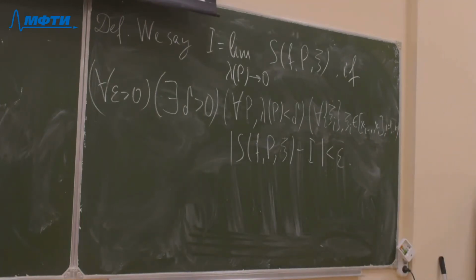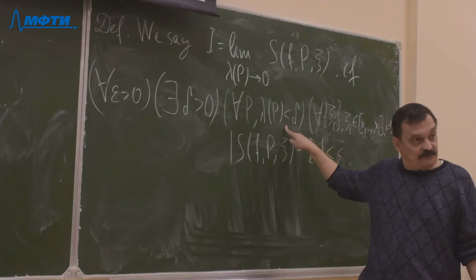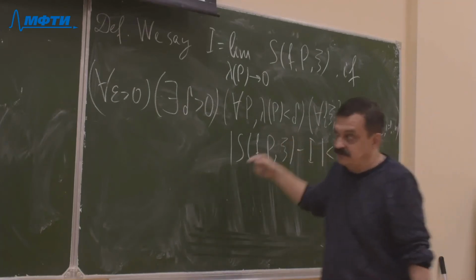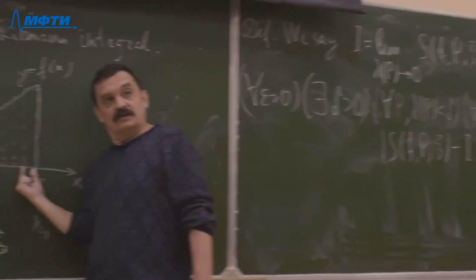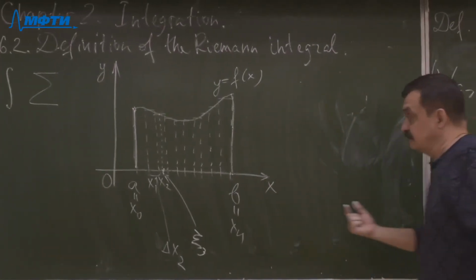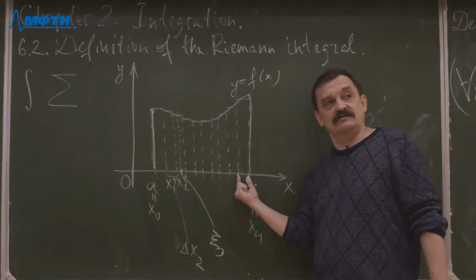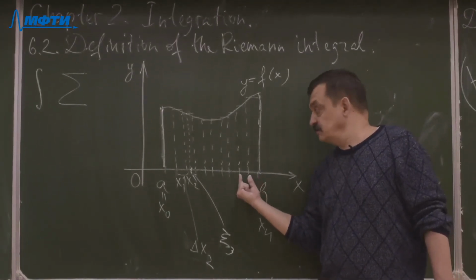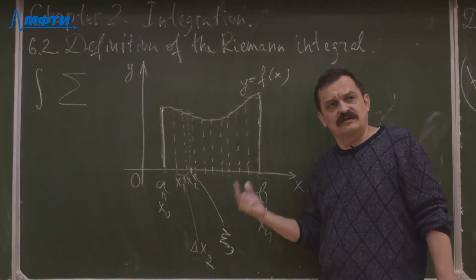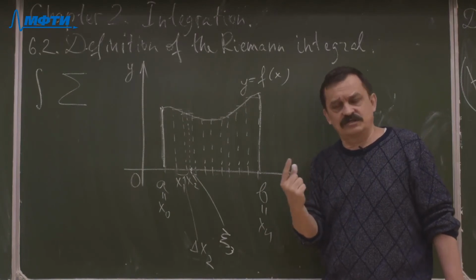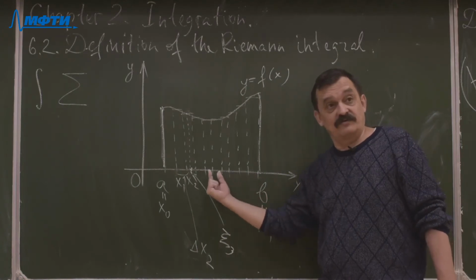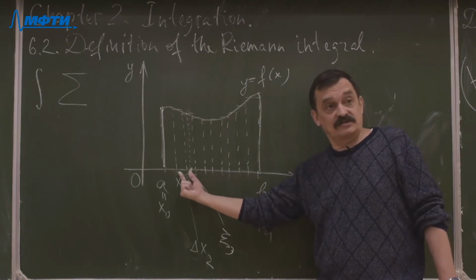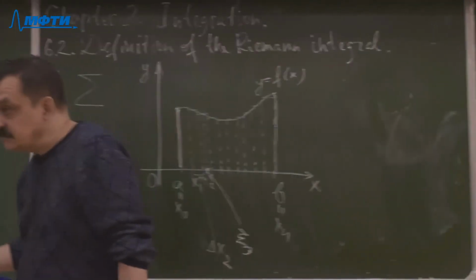The only thing which we should estimate is the norm of the partition. So what does it mean? It means that we want to have a limit independently of how we choose those points and so on. The only thing which is interesting for us is the maximum of those lengths. That's all.